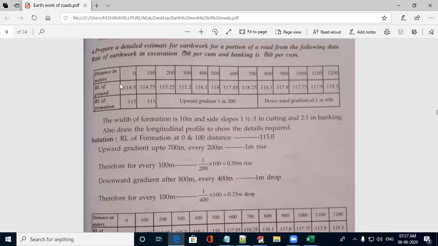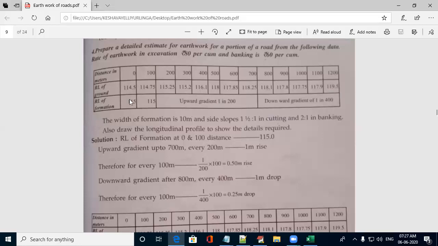They have the RL of the ground level at every 100-meter interval. You can observe here, at every 100 meter they have the RL. And the RL of formation they have given like this.